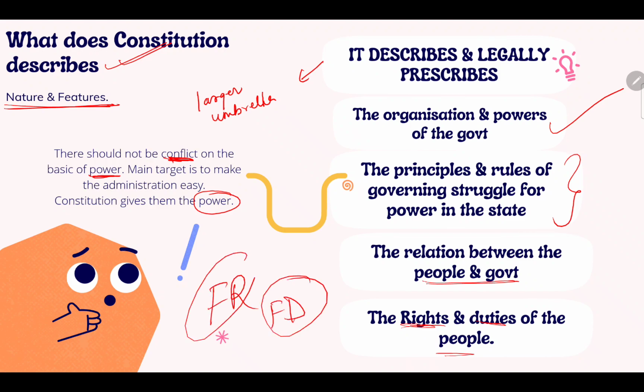So this is the nature and feature, and this much is enough for writing. If a question comes asking for the feature or nature, you can use it vice versa.